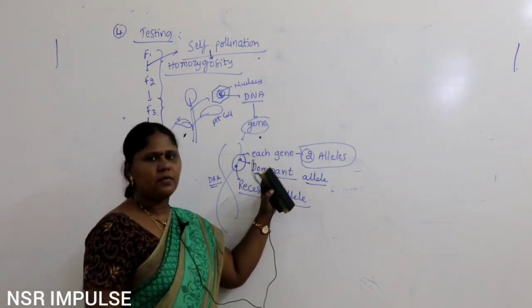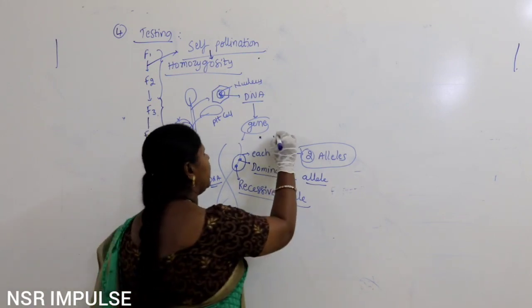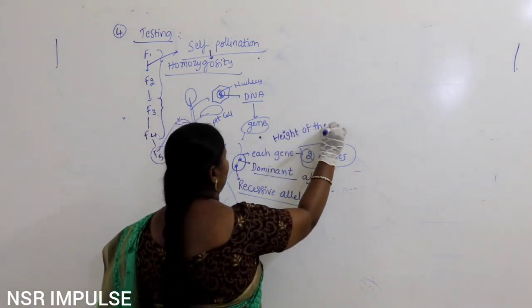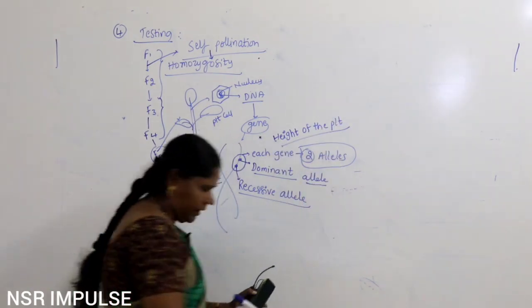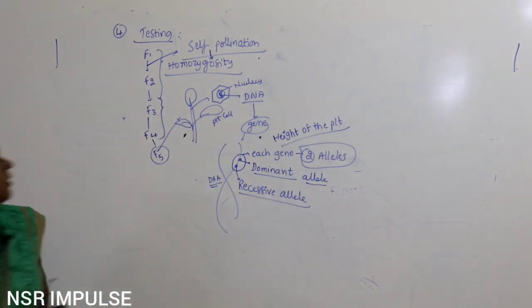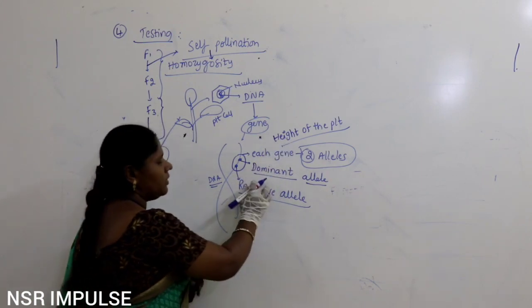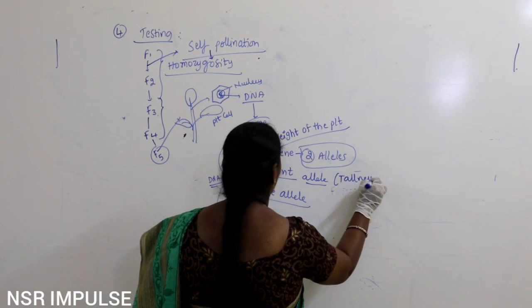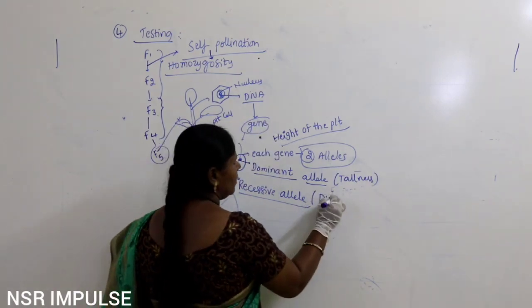So what's the dominant? For example, if you take the height of the plant, the dominant allele gives you tallness, and the recessive allele gives dwarfness.